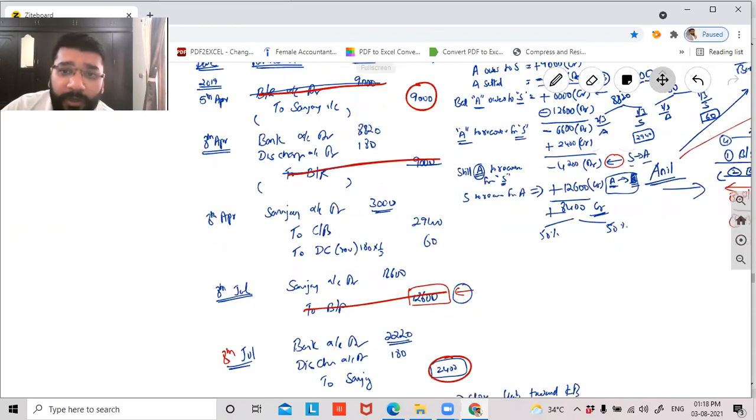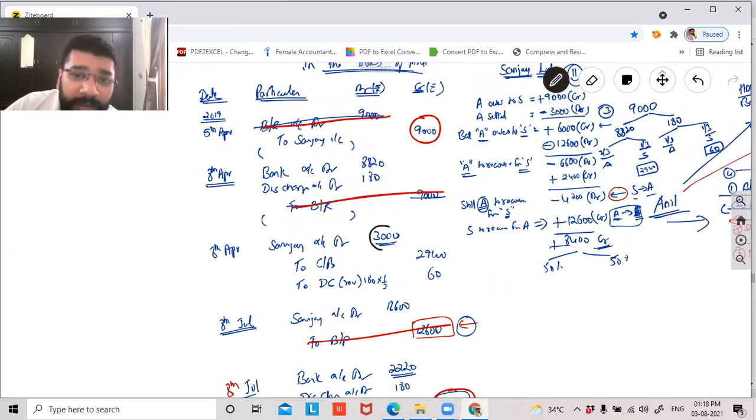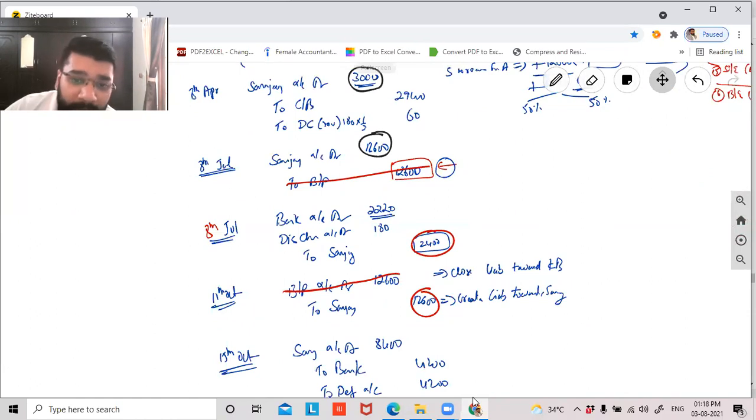Now 24,000 should be on debit also. 3,000 debit, 12,600 debit, and 8,400 debit. Are you getting the same 24,000 in debit? Yes, sir. So 24,000 debit and 24,000 credit in Sanjay's account is tallying, Sanjay's account completely.